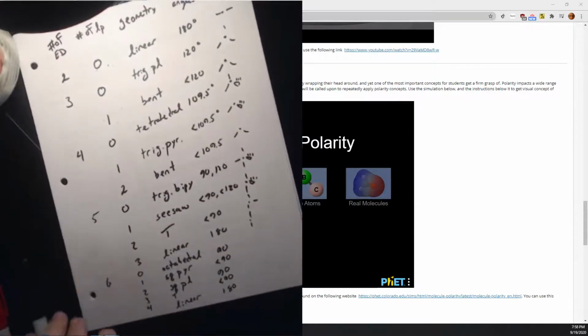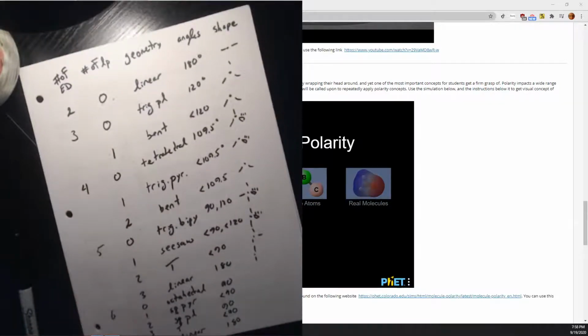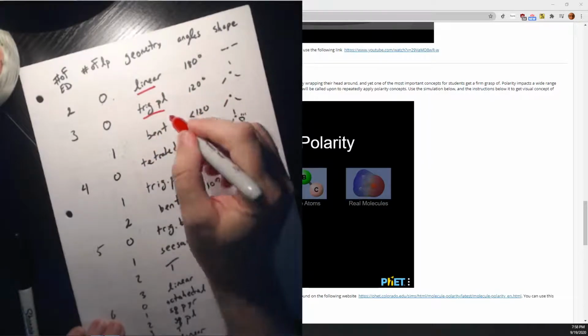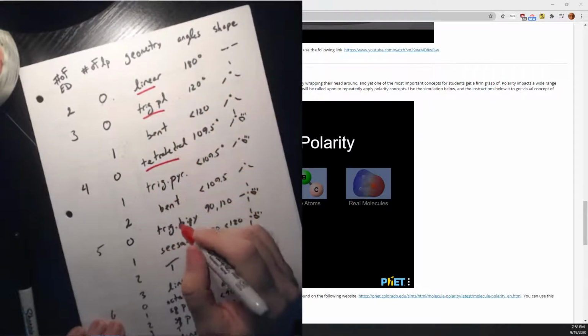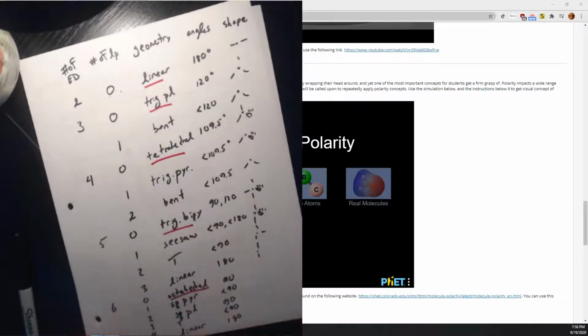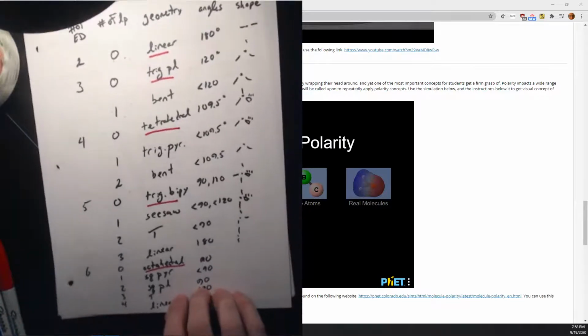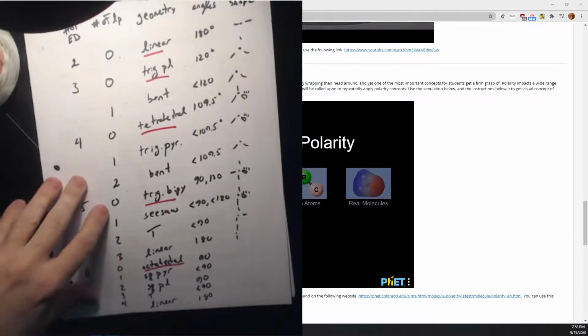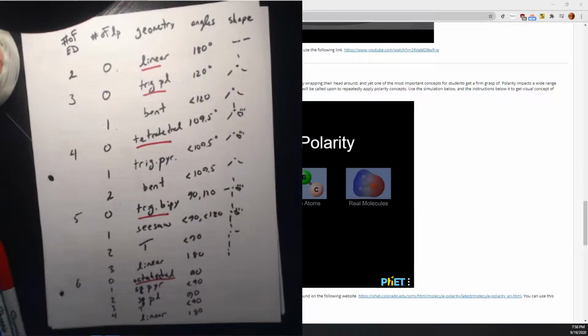All right. Now, just remember that the electron domain geometry is always going to be identical to the molecular geometry when there are 0 lone pairs. And then when you add lone pairs, that's when the molecular geometries start to change. All right. So this is pretty much what you have to memorize.